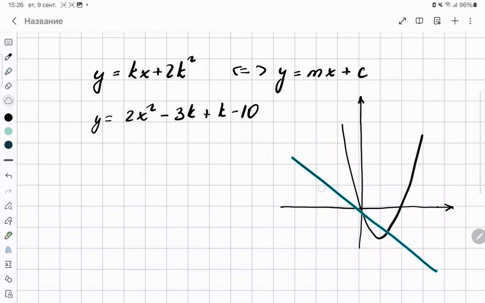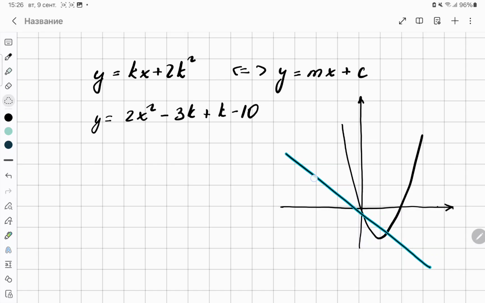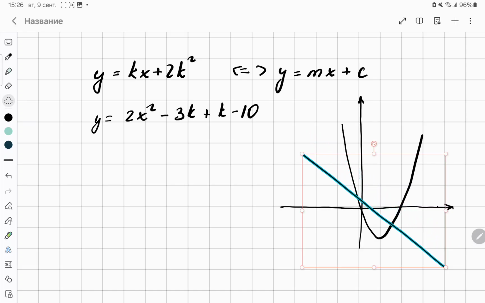This k exists in two equations, so it simultaneously affects both equations. The idea is that we have to find the range of k so that the line and the parabola have at least one common point.